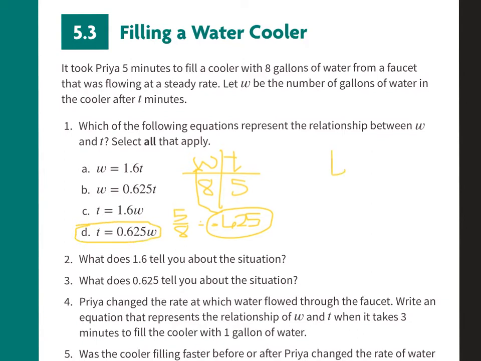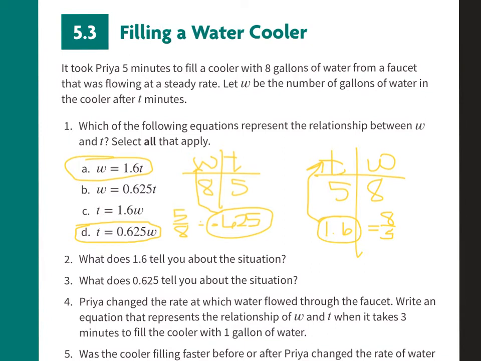Now we could flip the order and we could go T first and W second. So 5 here, 8 here, 8 divided by 5 is 1.6. So 1.6 times T equals W. 1.6T right here, A.